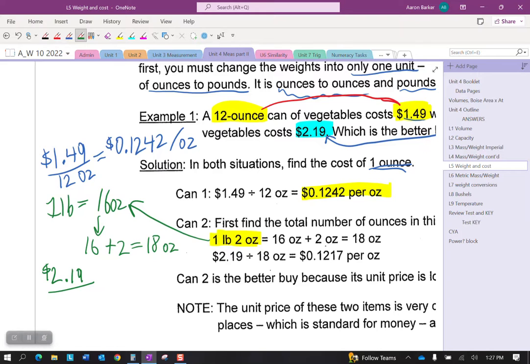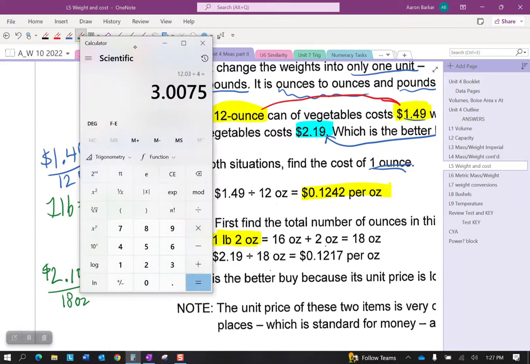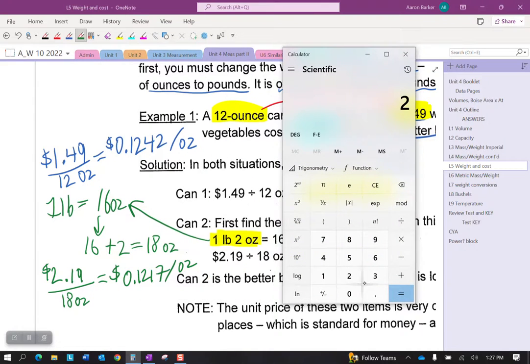Write it down. Divided by 18 ounces. Okay. And so then you can find your cost per ounce of 0.1217 per ounce. So on the calculator, you enter in the top number first, 2.19 divided by 18.